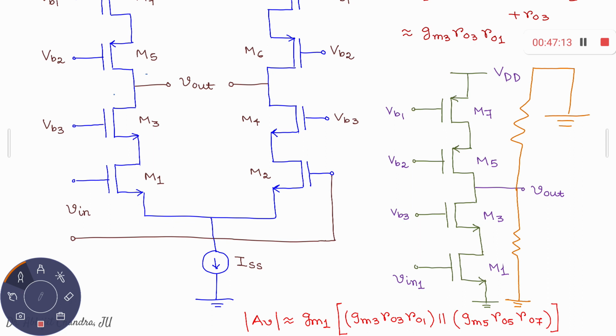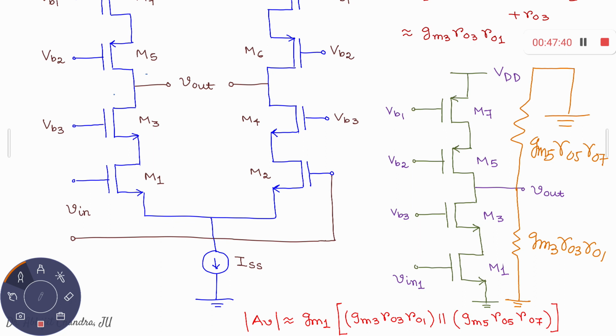And accordingly, you have to find out, so here you have gm3 ro3 ro1, and there you have gm5 ro5 ro7. So the parallel combination of these two will ultimately be the expression for the voltage.